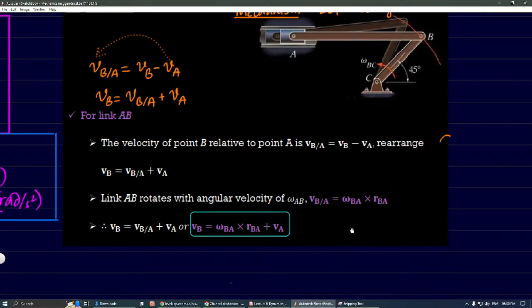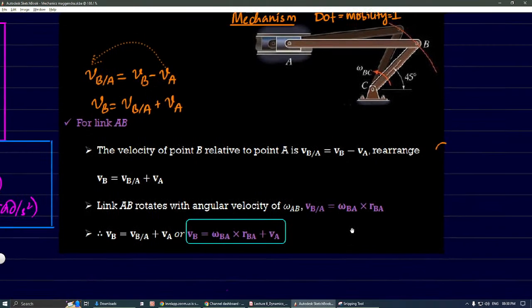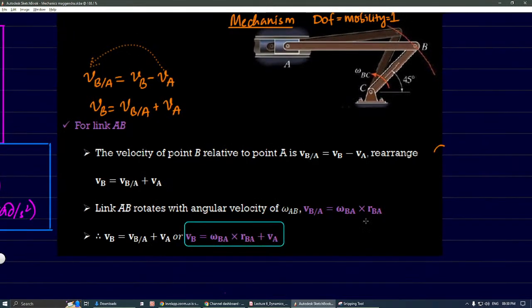Now the AB length is known. This is not known. VBA, is it known? No, because we don't know the velocity of B with respect to A.